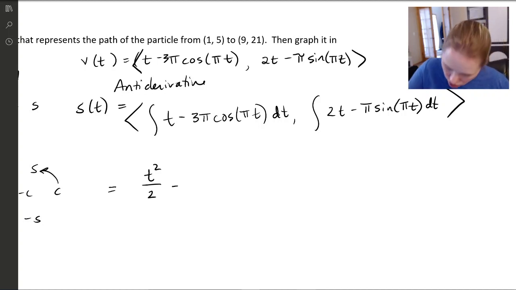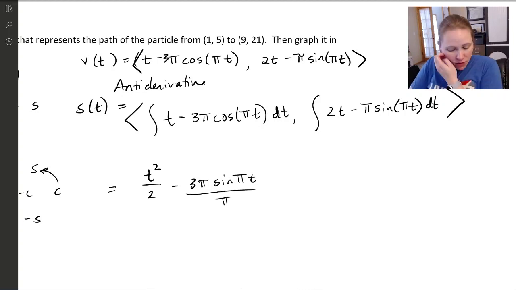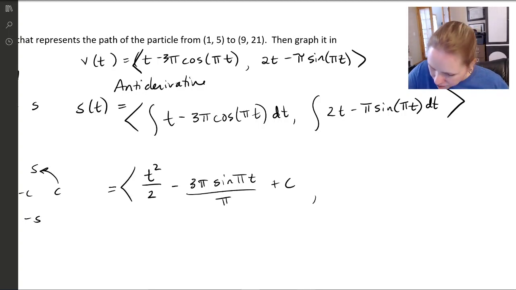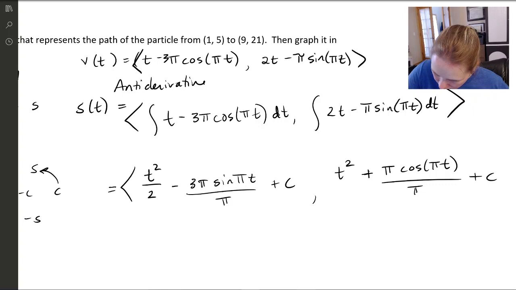So this would be minus 3 pi cosine of pi t divided by pi, that would be the u sub that I'm skipping, plus c, comma, and then we would have 2t squared over 2, which is just t squared, minus the antiderivative of sine, which is negative cosine, so this would turn into a plus pi times the cosine of pi t divided by pi, plus c.